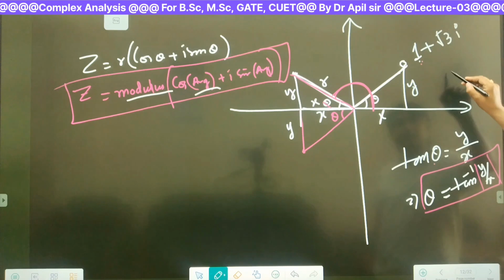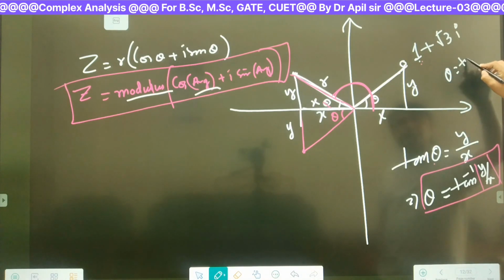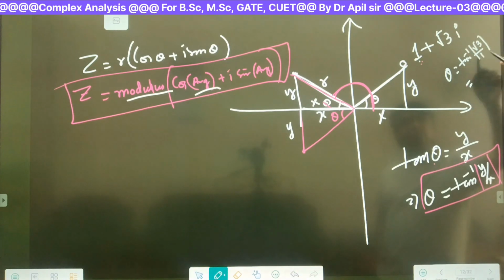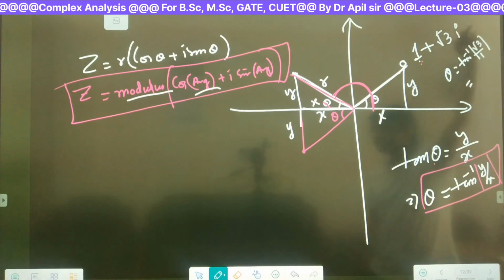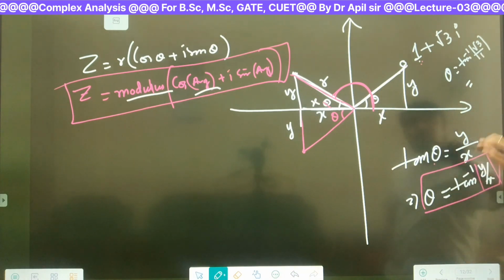So what will be theta, guys? Theta will be tan inverse of root 3 upon 1, that means tan inverse of root 3. This will be pi upon 3, right? Is it okay?